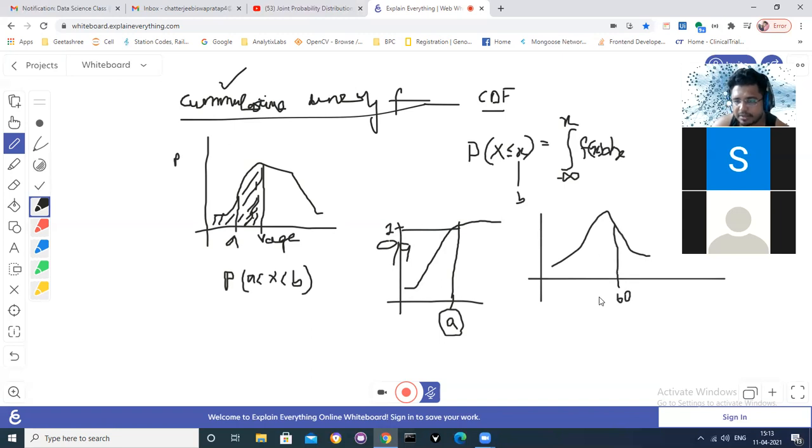The probability of a person having weight exactly 60 may be 70%. But cumulative probability includes all the other weights from 0 to 60, actually minus infinity to 60, but negative weight is not possible.